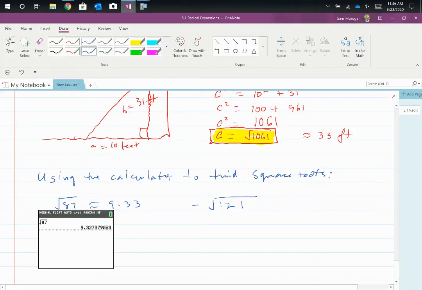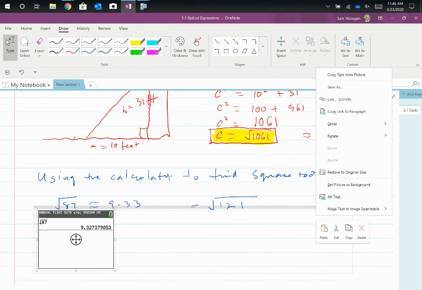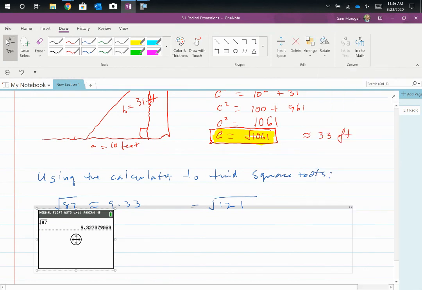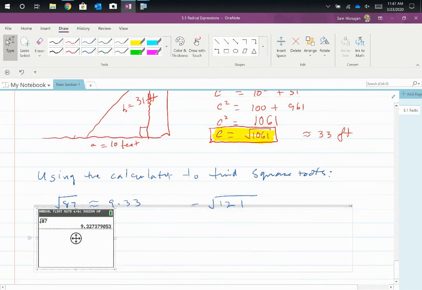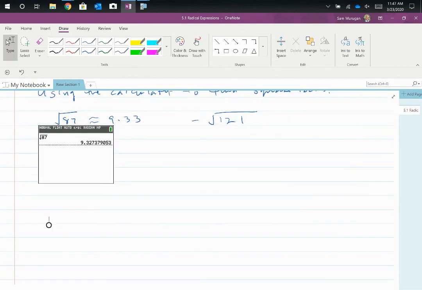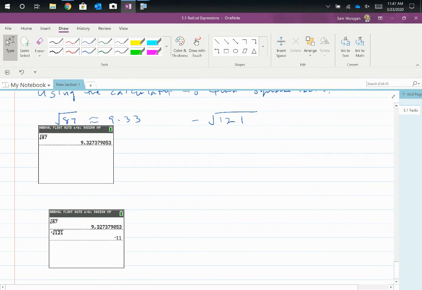Let's go ahead and place that in here. I'm going to place it down here. It's a little easier to get. So this is equal to negative 11.